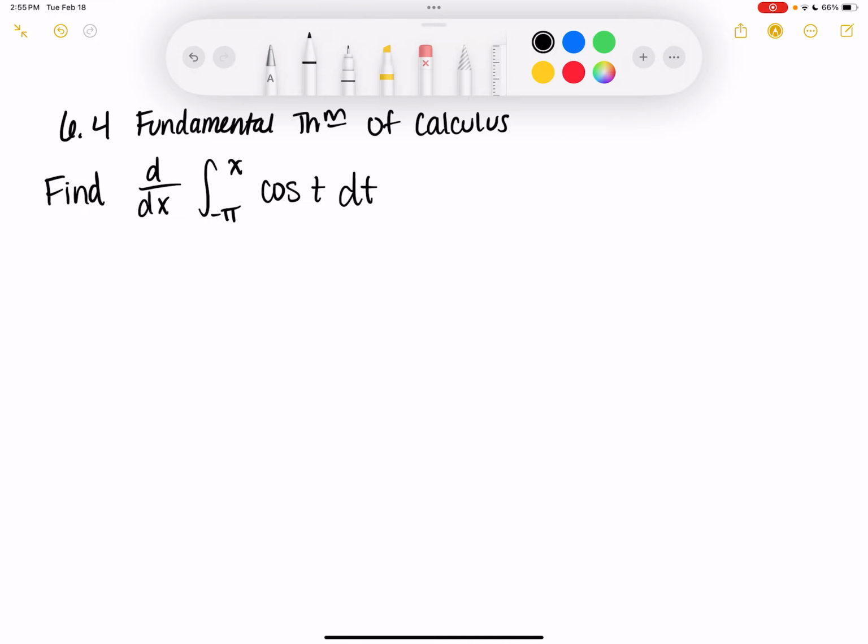All right, so part 1 of the fundamental theorem of calculus is what will allow us to do this. Find d dx for the integral of negative pi to x of the cosine of t dt.